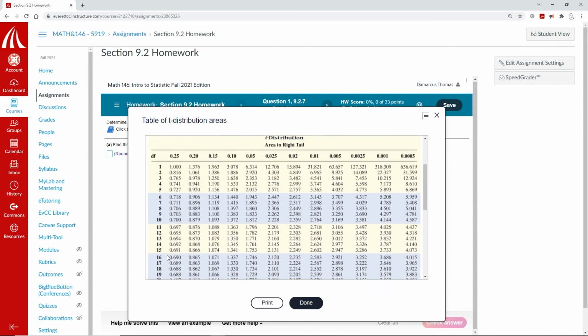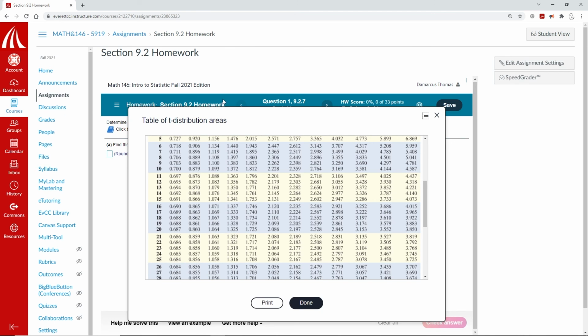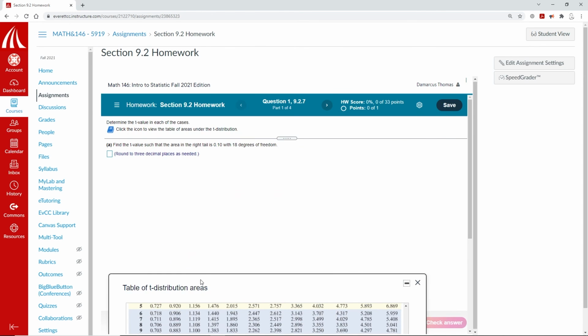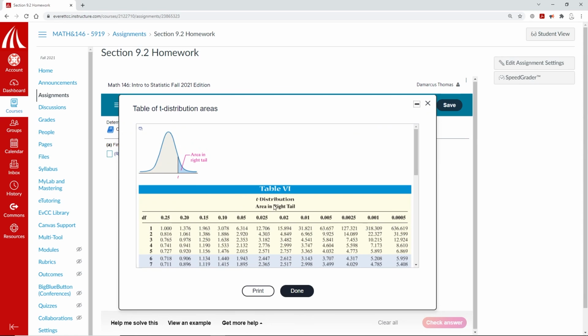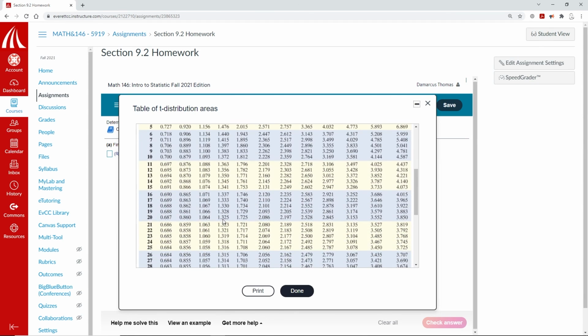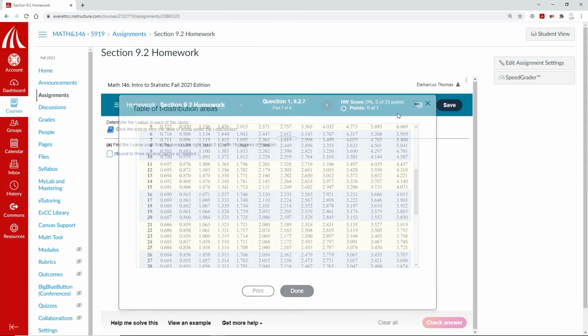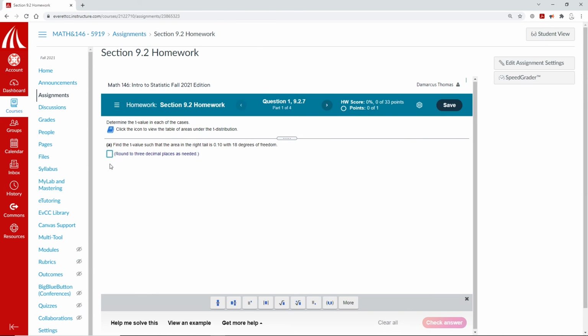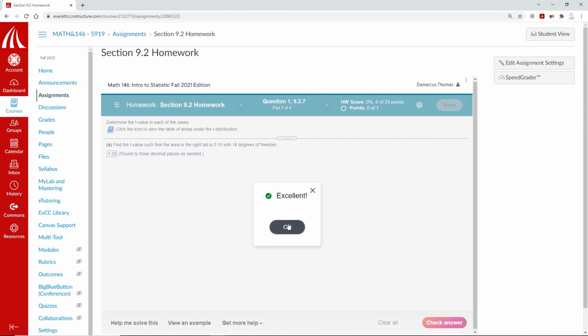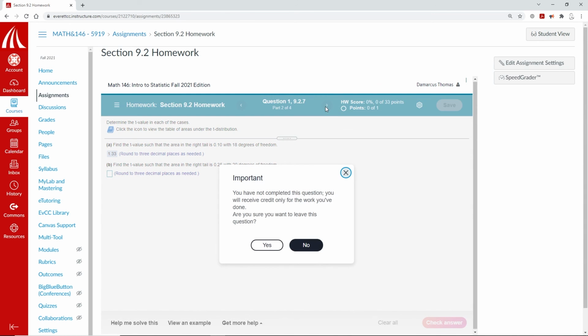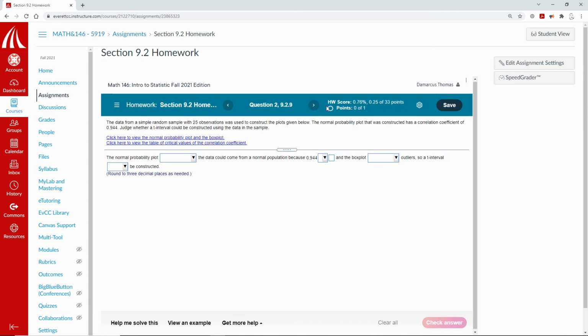Click the icon to view the table of areas under the t-distribution. So we need 18 degrees of freedom, and then also the area to the right is 10. And we're talking about area to the right. So 18 and area to the right, 1.33 should be good. All right, let's move on.